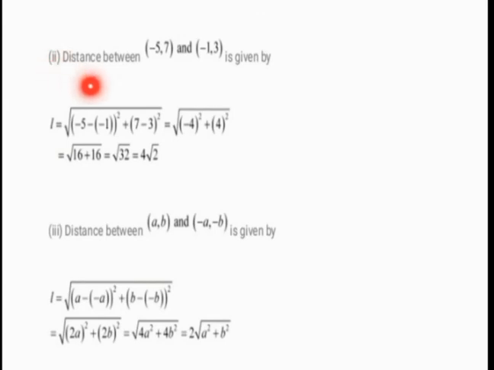Now look at the second part. You have to find the distance between (minus 5, 7) and (minus 1, 3). Here the distance is represented by L. x1 minus x2: x1 is minus 5 minus x2 which is minus 1. One minus is for the formula and the other minus is for the coordinate minus 1. Next, y1 minus y2 means (7 minus 3) whole square.